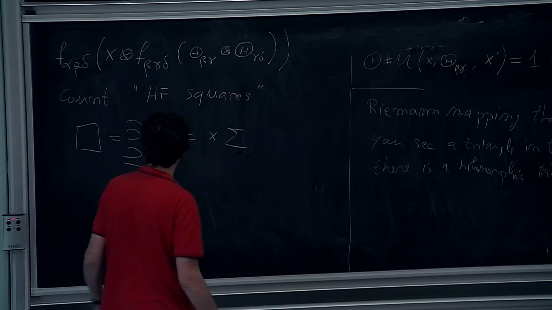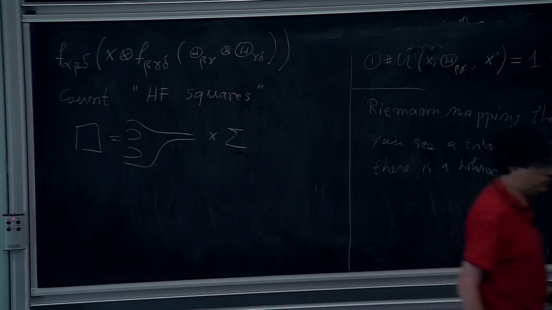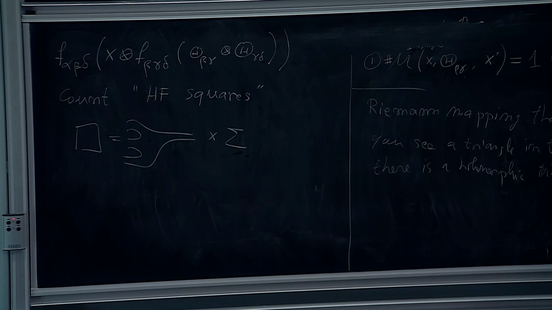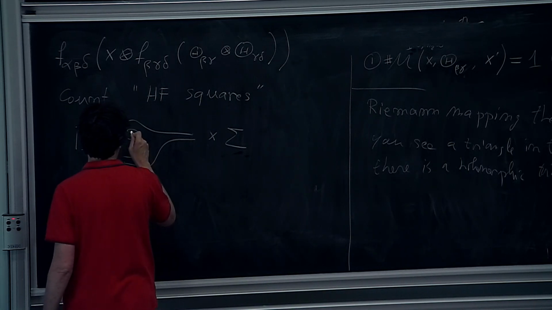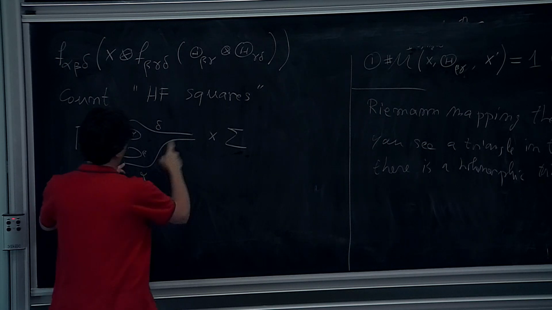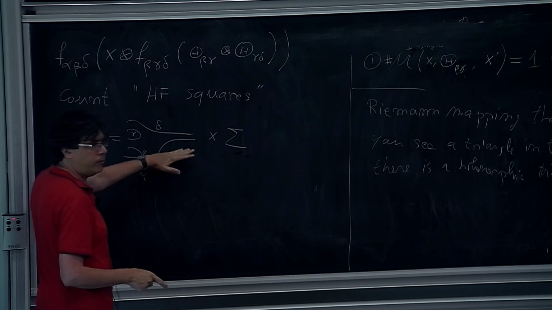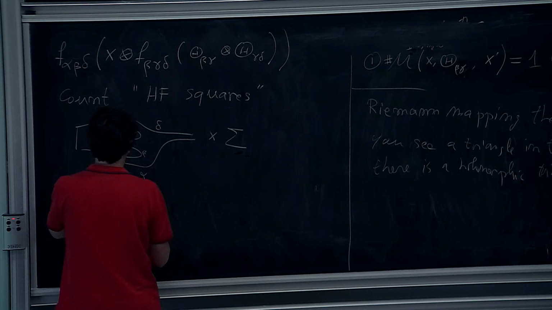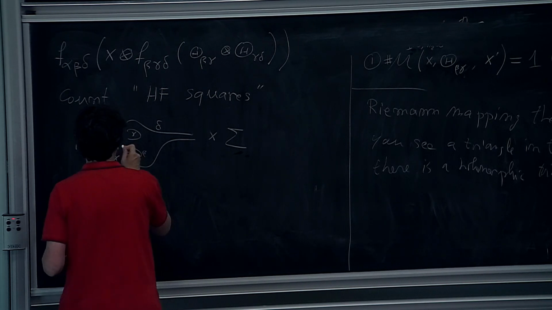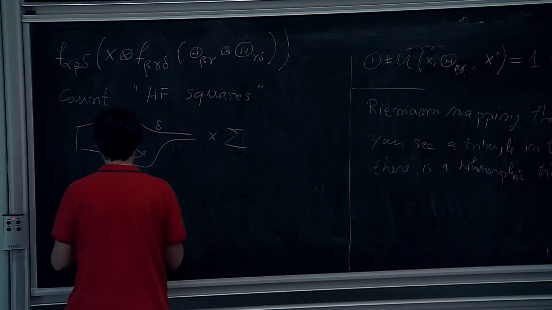We put on the boundary alpha, beta, gamma, delta times this portion of the boundary. Here we put alpha, beta, as input X. Here we put theta beta gamma. Here we put theta gamma delta.